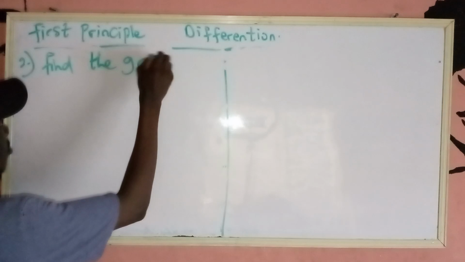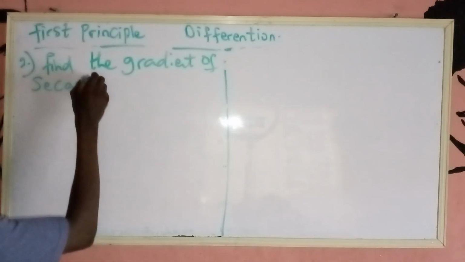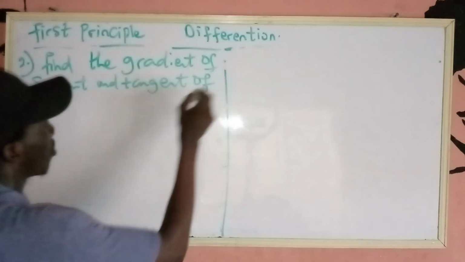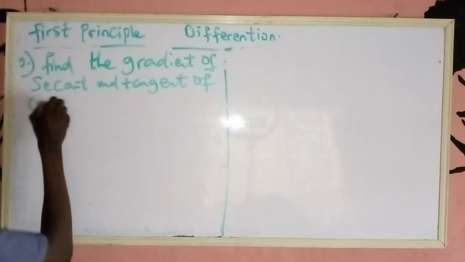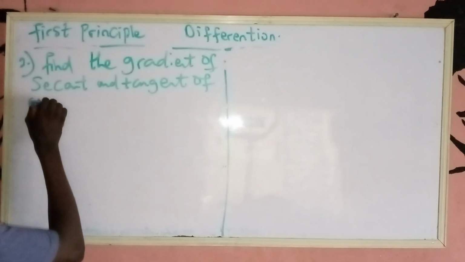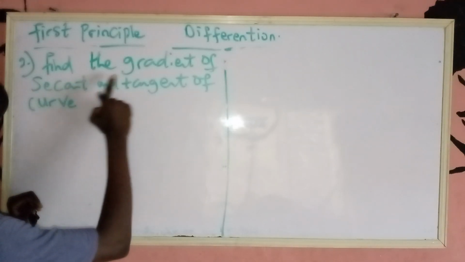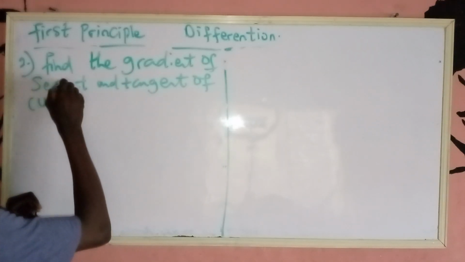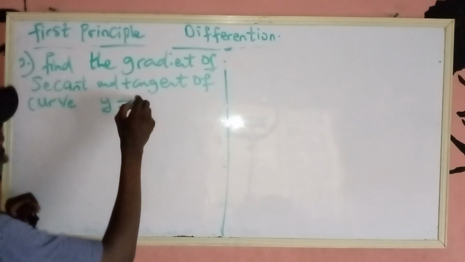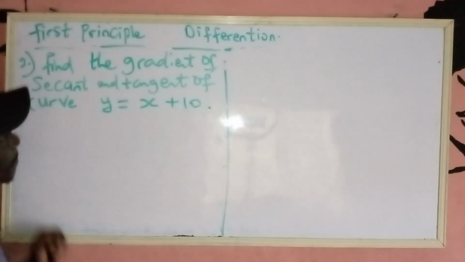So next question, find the gradient of the secant and tangent of the curve. So find the gradient of the secant and tangent of the curve y is equals to x plus 10.